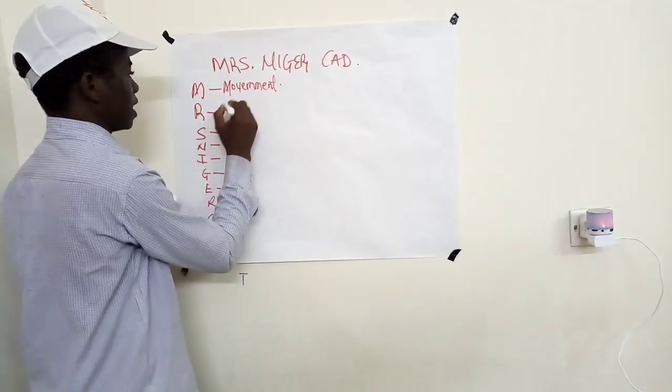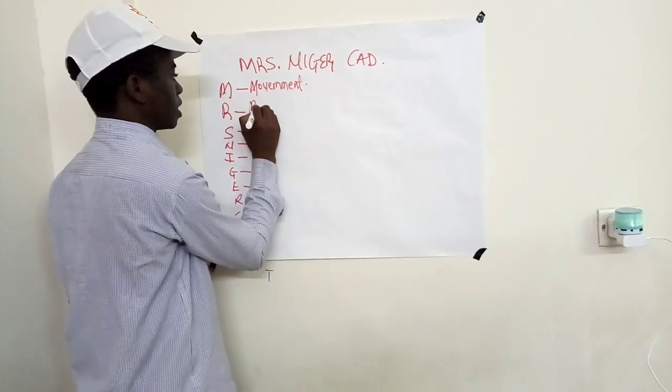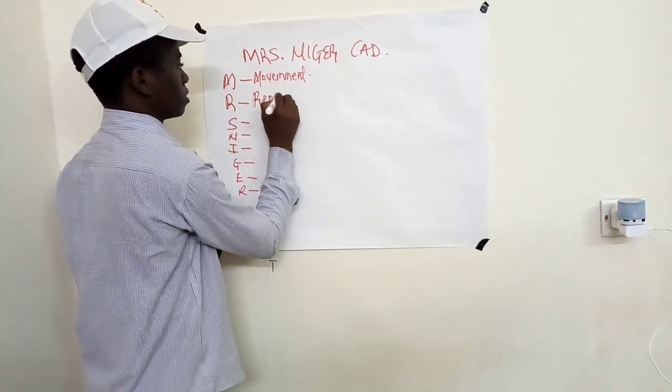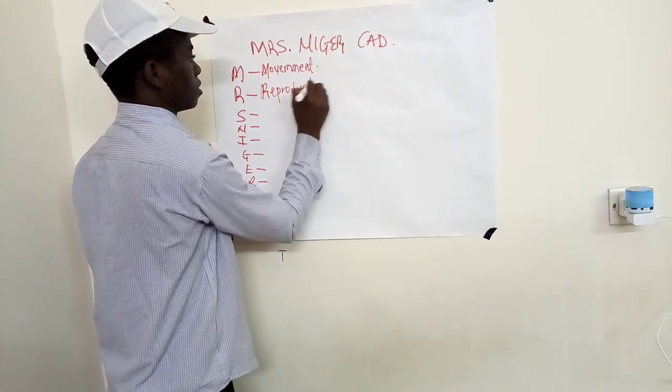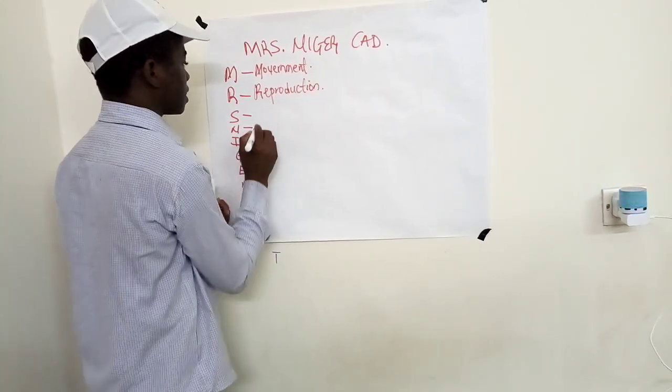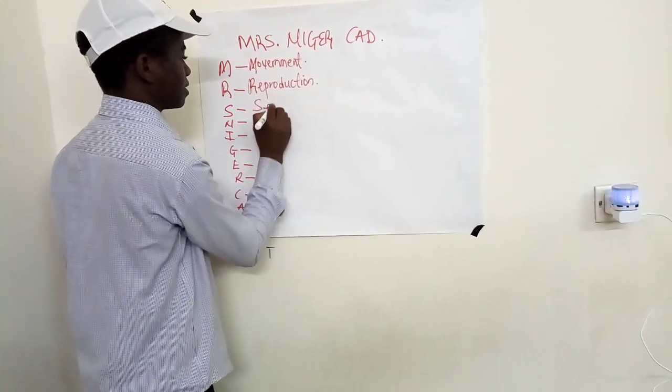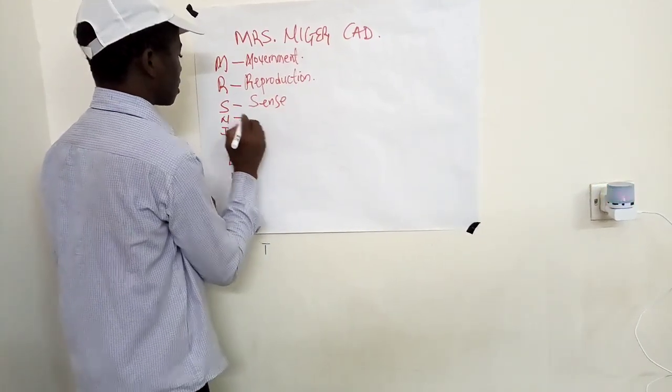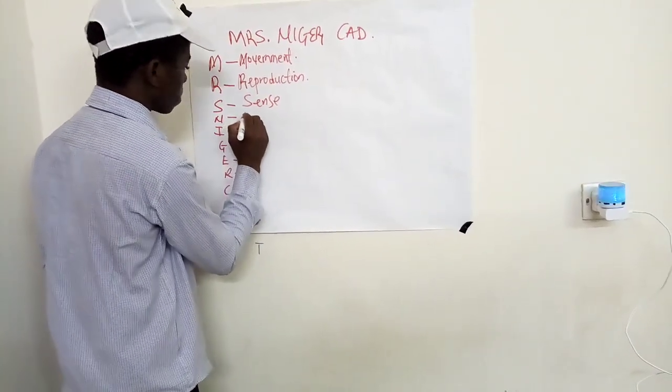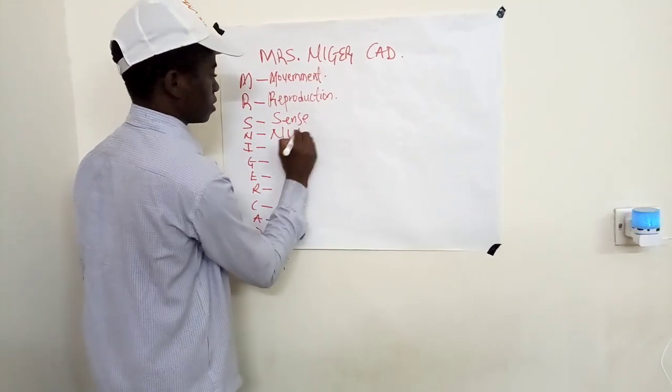The second one here is reproduction. The third one is sense. The fourth one is nutrition.